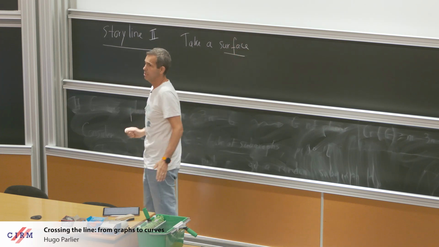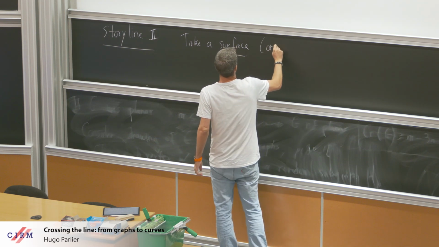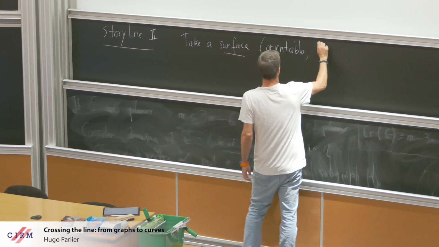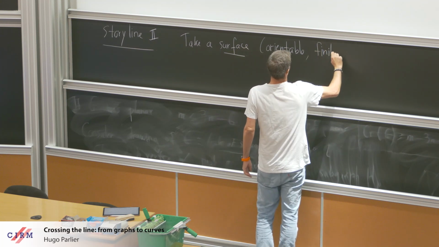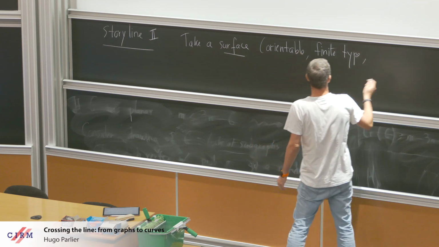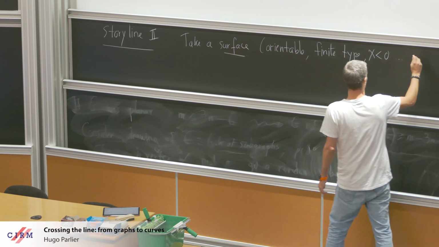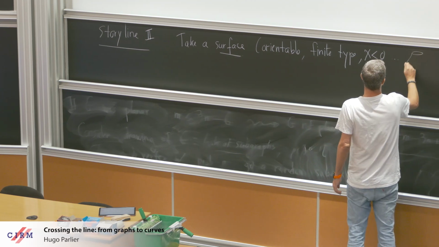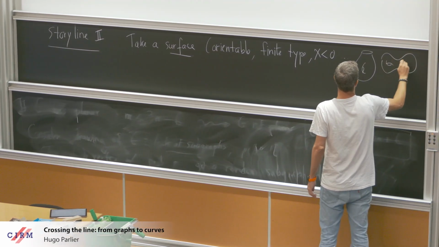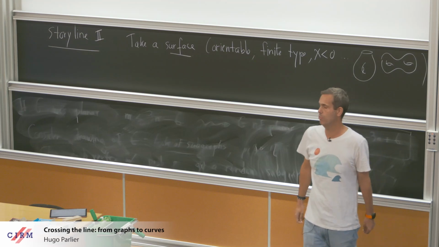Throughout my talk, my surfaces will be orientable, finite type, with negative Euler characteristic. So basically they look something like this, or something of this form.